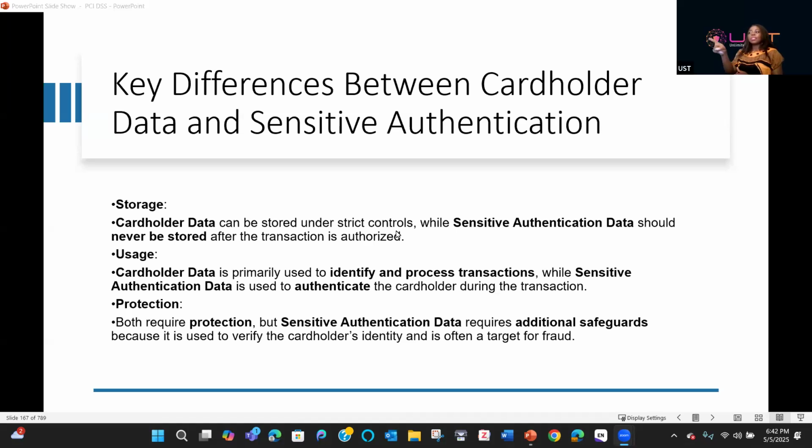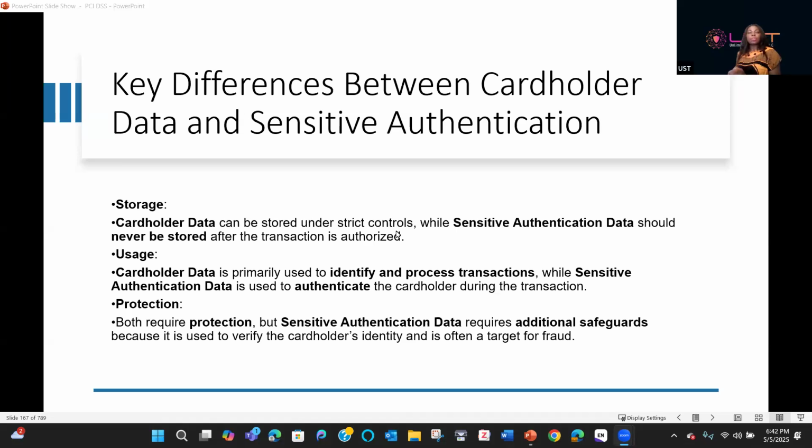Do you see? This is used to identify and process the transaction, but if the transaction cannot be authenticated, then the transaction cannot go through. It's important to identify and process the transaction, but you also need the authentication aspect for the transaction to run successfully.